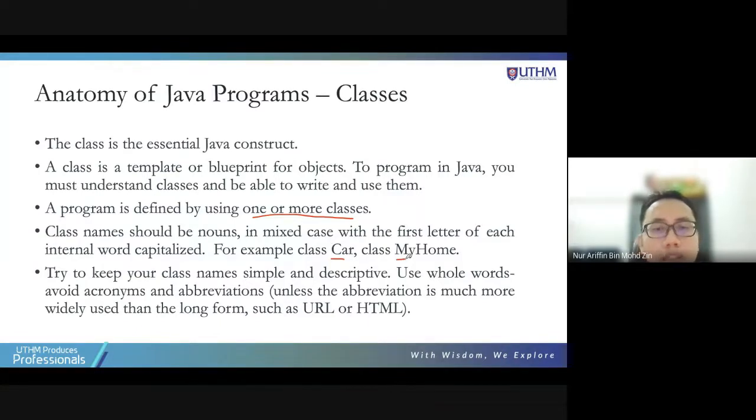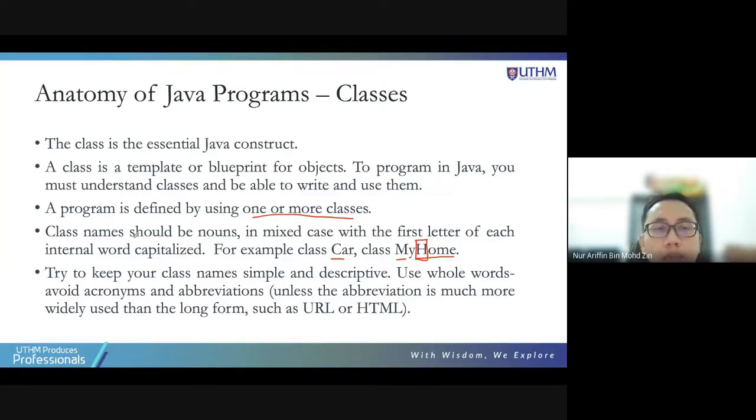If it combines more than one word, for example, my home, the second word, which is home, should start with a capital letter, MyHome. So every class, please remember, whenever you type a class in your program, the first letter should be a capital letter.